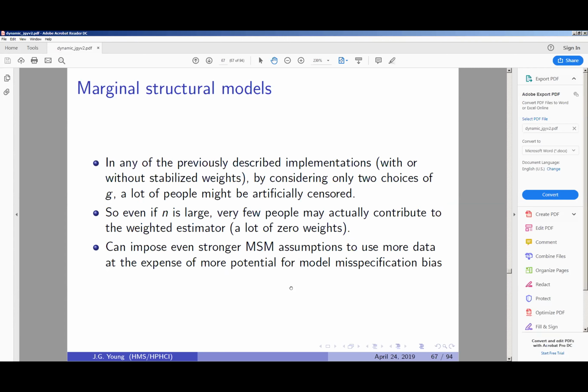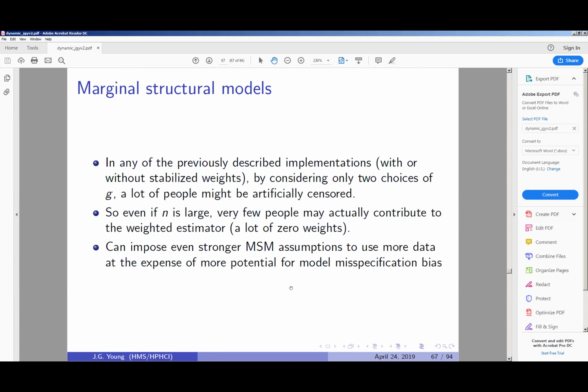It depends on how you specify these strategies, but it's very possible, particularly for deterministic strategies, which are so strict in what they require, that very few people are following one of two strategies. So even if N is very large, very few people may actually contribute to the weighted estimator. You're going to have a lot of zero weights, in other words.